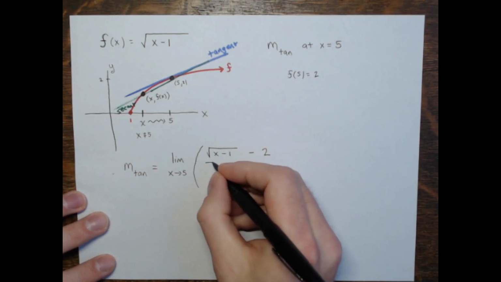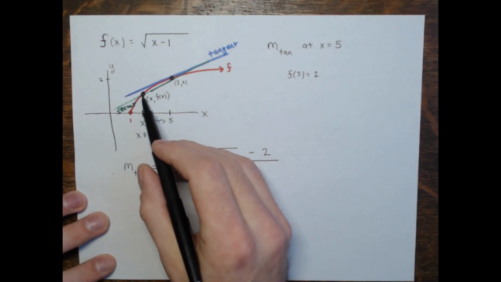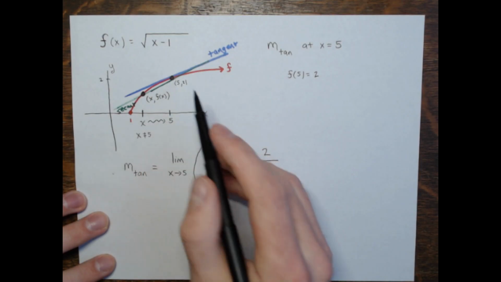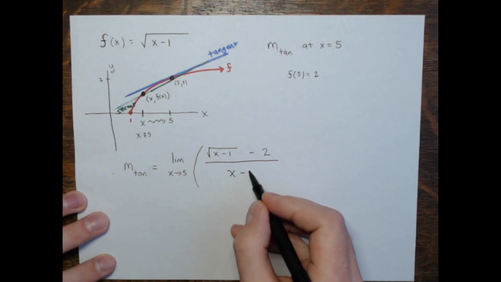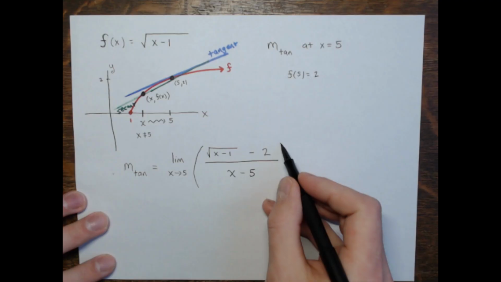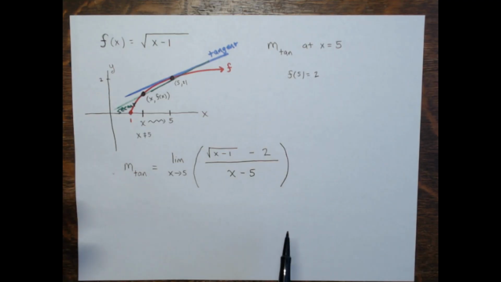So change in the y coordinates between these two points divided by x minus 5, right? The change in the x coordinates. So once again, if you left it this way and just plugged 5 in, it would be in the 0 divided by 0 scenario. So we've got to manipulate this somehow.